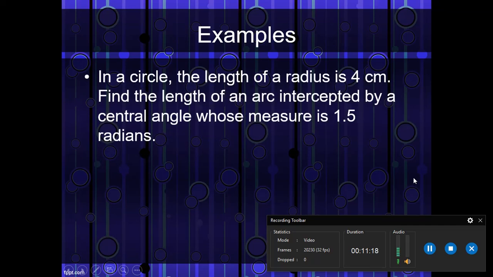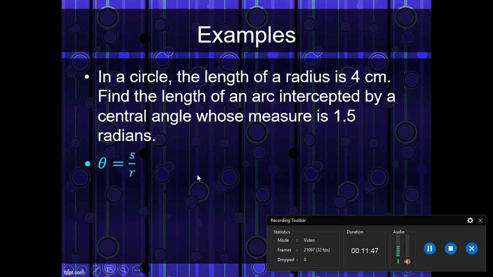Our last example is more of a word problem, and you'll see a lot more of these in Algebra 2. It says in a circle, the length of a radius is 4 centimeters. Find the length of an arc intercepted by a central angle whose measure is 1.5 radians. So if we go back to earlier in the lesson, we have the measure in radians, theta, is equal to S, our intercepted arc, divided by R, which is the radius.